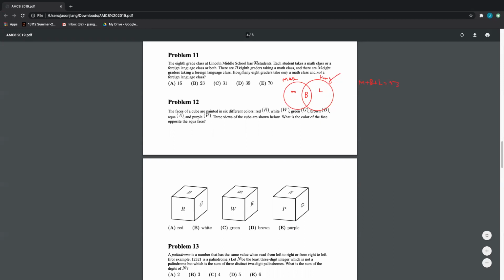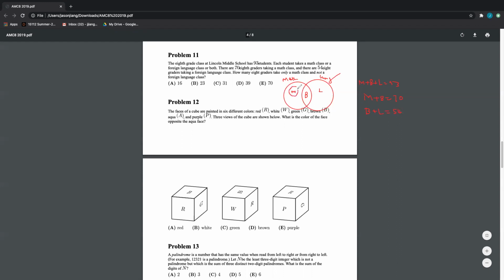We also know that there are 70 8th graders taking math, so M plus B is 70. And we also know that there are 54 taking a foreign language class, which is B plus L. And we want to find how many 8th graders are taking a math class but not a foreign language class.